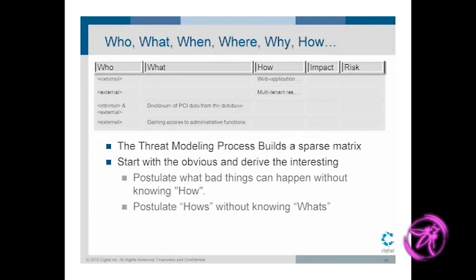So you can see up here, too, that with our external, we don't know who, but mostly they're external. But we know the how. Because we have a web app, we're going to have all of these things, right? We have all the OWASP ones that go right into the matrix.